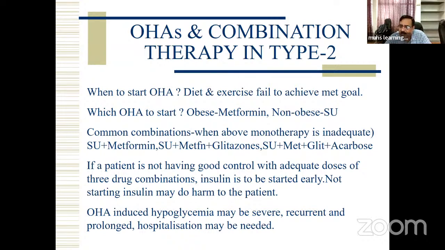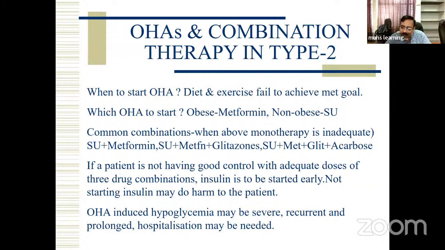Which OHA to start? If the person is obese, metformin is a must. If there is a compelling indication not to start metformin, such as kidney disease, then you can think of others. That is why metformin becomes the fulcrum of the treatment of diabetes. The common combinations when single therapy fails are sulfonylurea plus metformin, or sulfonylurea and metformin plus glitazones.